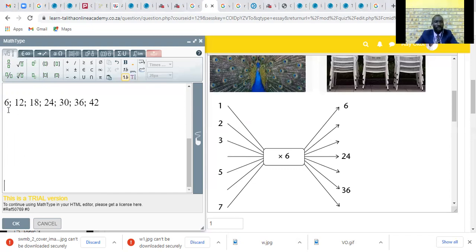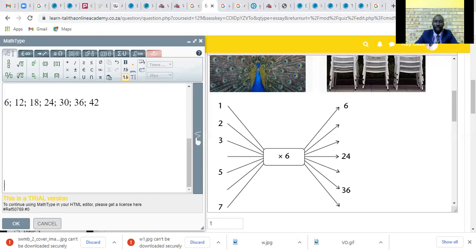So 6 is called the first term, 12 the second term, 18 the third term, 24 the fourth term, 30 the fifth term, 36 the sixth term, and 42 the seventh term. These are called the terms of the sequence. It's very important that you get these definitions right.